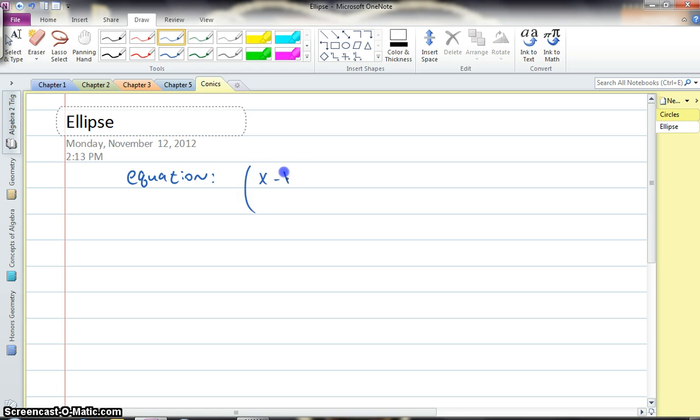We have x minus h, just like the circle, however, all over your x radius squared, plus y minus k over your y radius squared, and it's always equal to 1. There's a relationship between the denominators of the radii and this number 1, and you'll see it later.